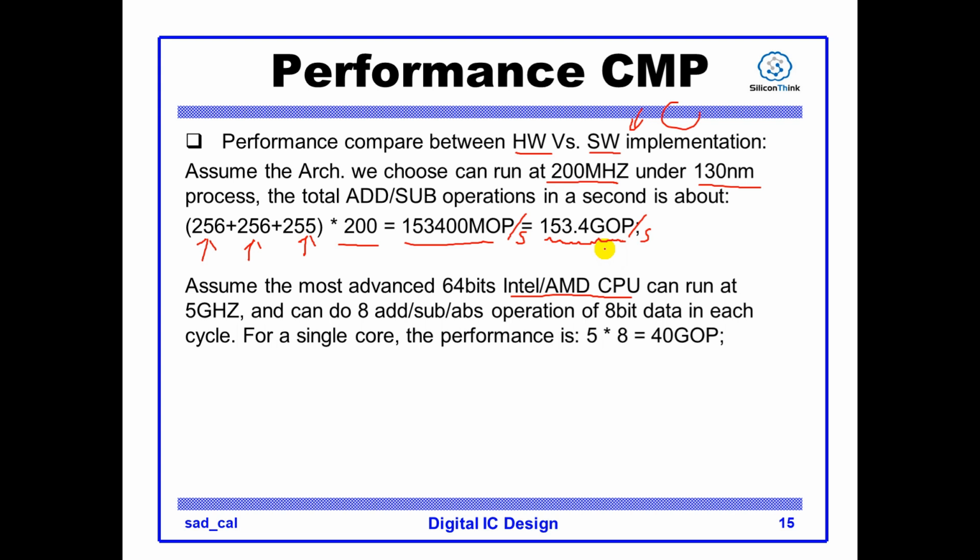So let's check the performance if we implement the same function in a CPU. We assume the most advanced 64-bit CPU can run at 5 GHz. As it is 16-bit data wide, we assume it can do 8 sub and absolute operations on 8-bit data in each cycle.